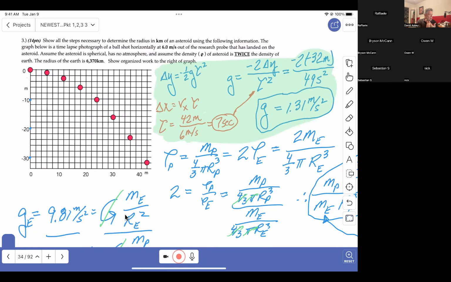Mean, how would we know how long it takes? Oh, there it is. So in this case, they gave you V naught at 6 meters a second. And then from there, you could interpret how much time had gone by. So there's always a way to figure out how much time.